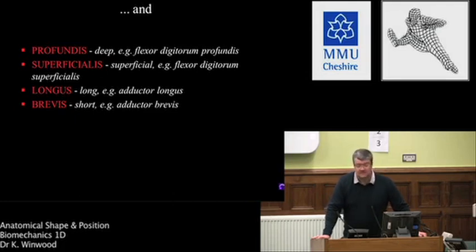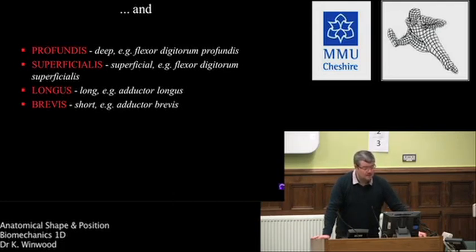The other section we call superficialis, which is closest to the skin. It's the shallow piece of muscle tissue, the one that we first see before getting into the profundus group. So in this case, the flexor digitorum superficialis is the closest-to-the-skin group of muscles that helps with flexion of the digits.